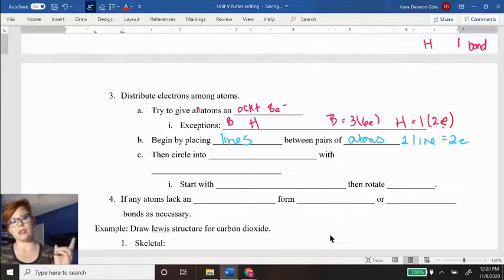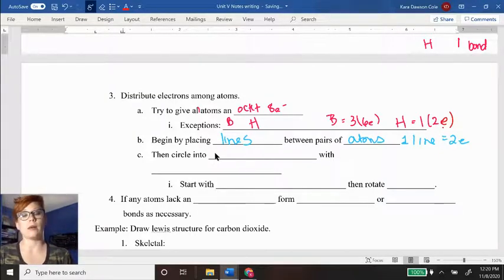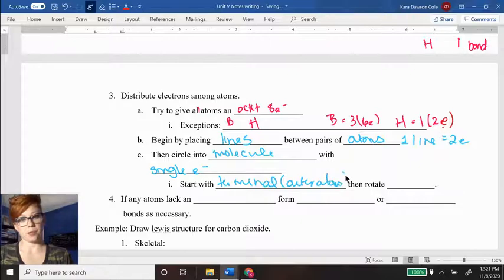Then you're going to start dotting everything else. So you're going to circle into the molecule with single electrons. And you're going to start with the terminal or the outer atom, and then rotate inwards until you fill out the total number of electrons that you need.